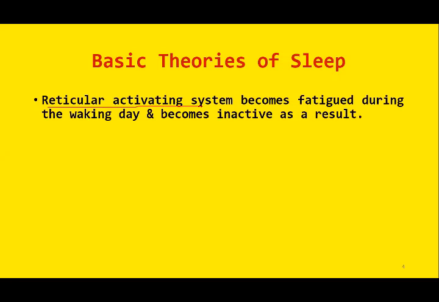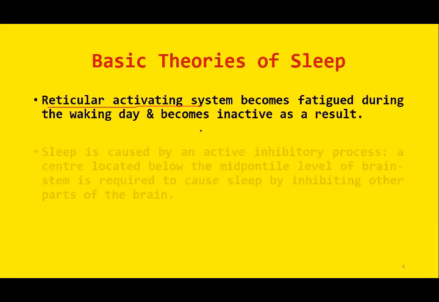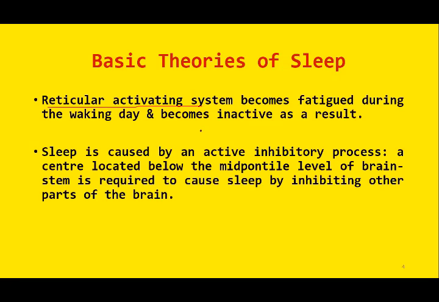When the reticular activating system, which is located within the brainstem, becomes fatigued during the daytime, the body goes to sleep. So this is one of the theories. Remember, sleep is caused by an active inhibitory process.